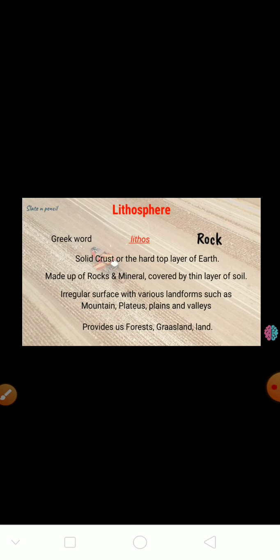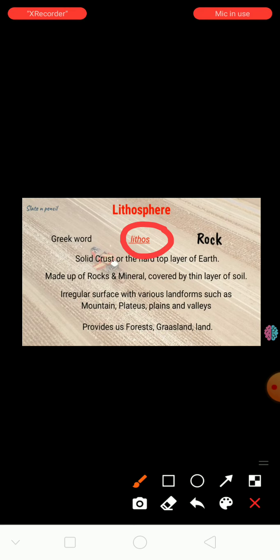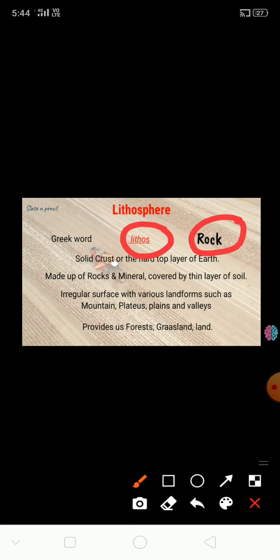First, I will talk about what lithosphere is. Litho is a Greek word. Lithos means rock. Lithosphere is the solid crust or the hard top layer of the earth.